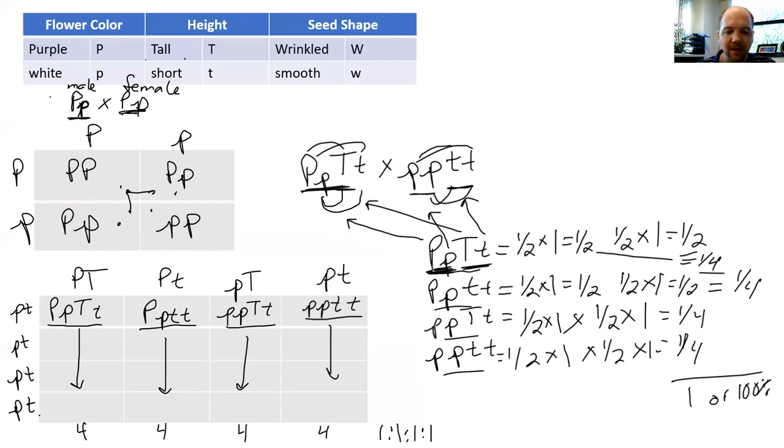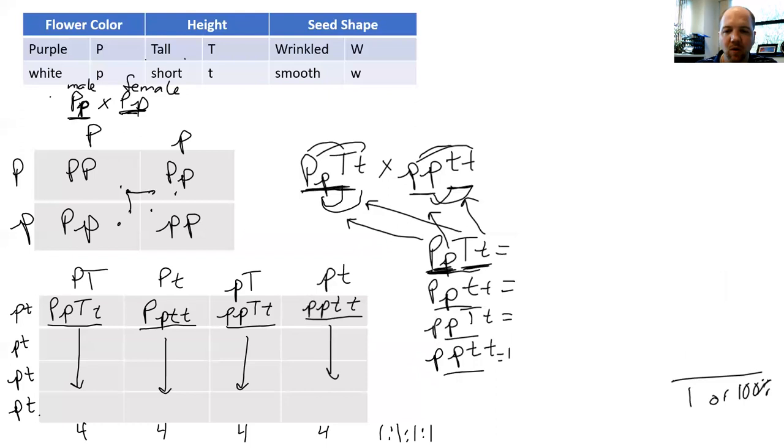What I mean is we can look at these two parents, and instead of looking at it as two traits, we can look at it as single traits. So we could do a one trait Punnett square for the P's. The first parent has a big P, small p, and the other parent has a small p, small p.